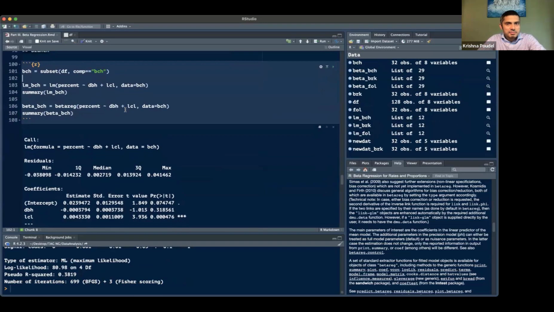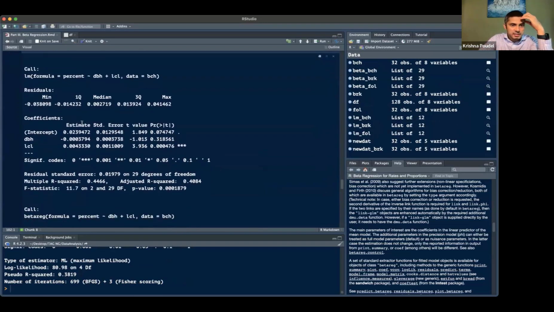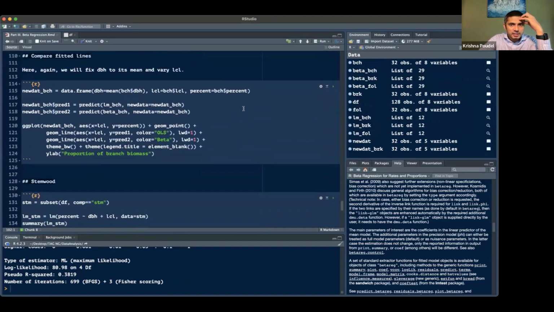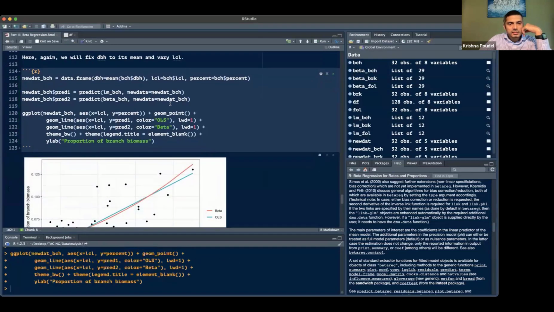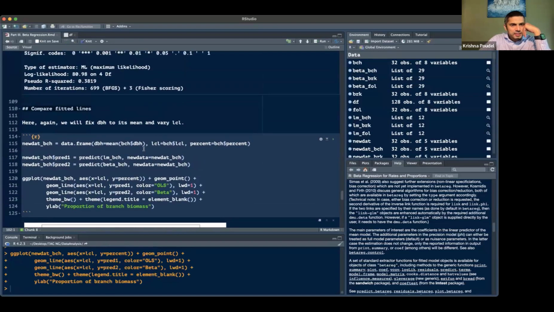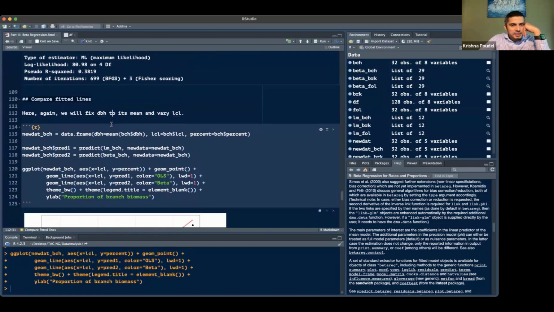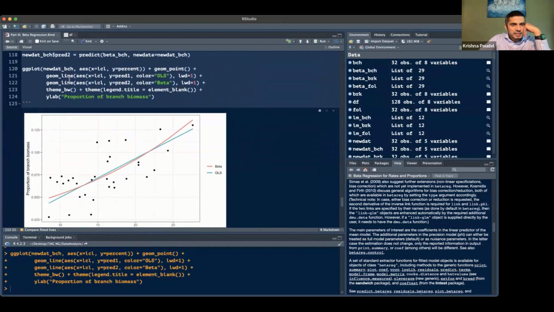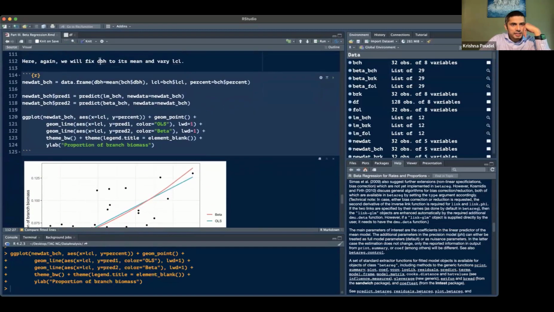And this is for branch biomass, branch wood. Once again, we have coefficients from the linear model and the beta regression model. And then we can use this plot function to plot the fitted lines. Okay, and I forgot to mention here, because we have two independent variables, what I did is I fixed one independent variable to its mean.